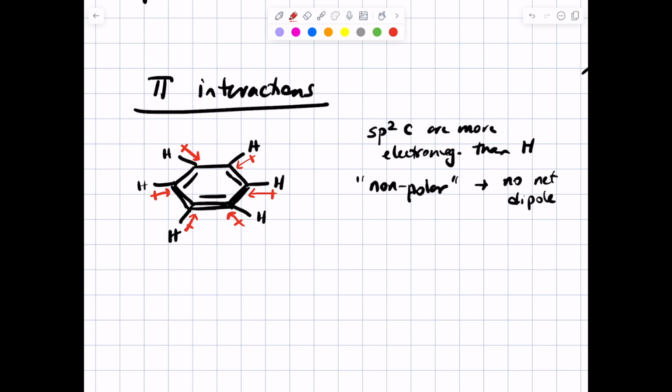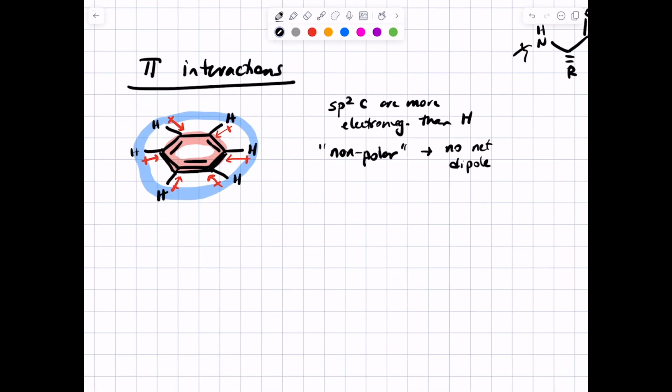And we could maybe demonstrate that if we use the color red for electron rich. The carbons are electron rich. Let's use the color blue for electron poor. All the hydrogens are electron poor. So an aromatic ring like benzene has what we might call an electron poor edge and an electron rich face.